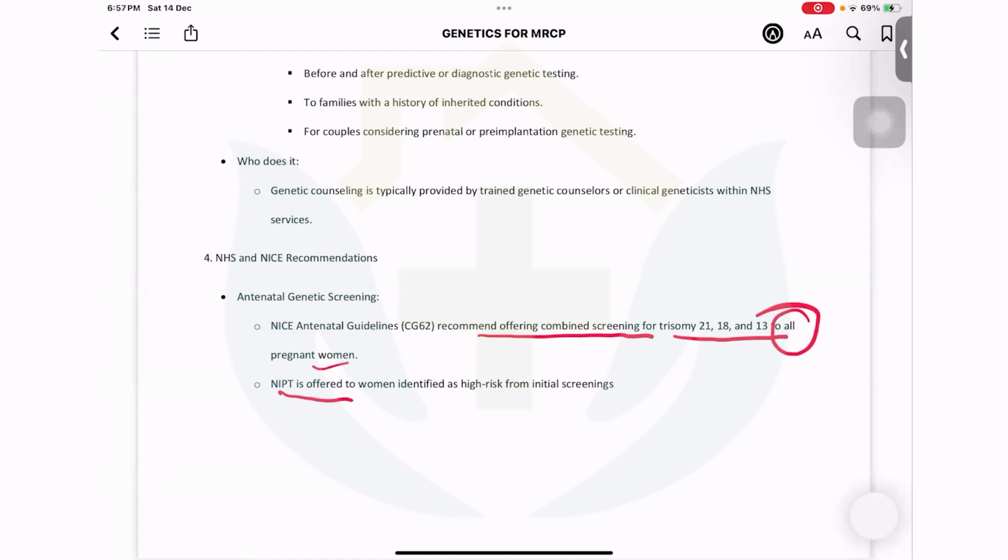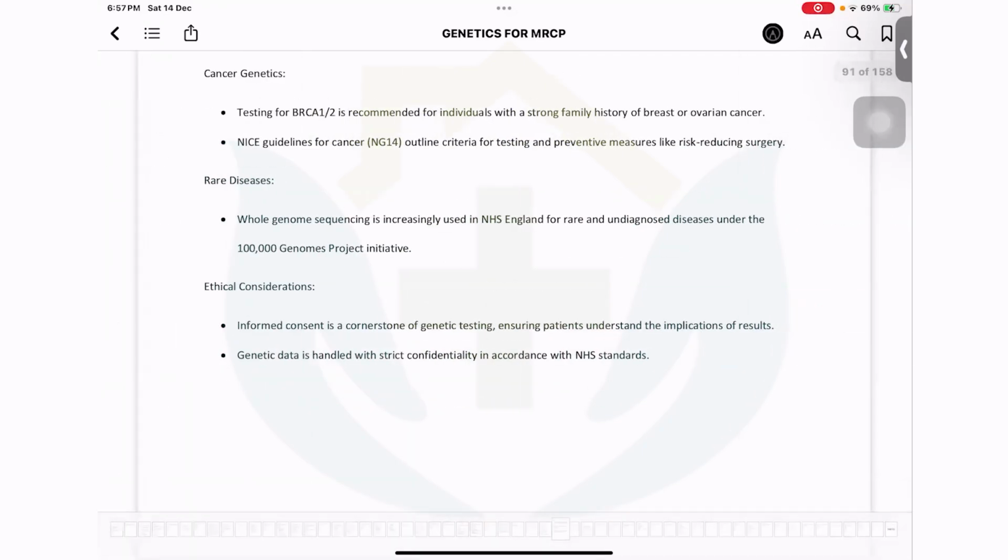NIPT is offered to women identified as high risk from initial screenings. Cancer testing, BRCA1/2, is recommended for individuals with strong family history of breast or ovarian cancer. NICE guidelines for cancer outline criteria for testing and preventive measures like risk reducing surgery. So they already have guidelines in place.